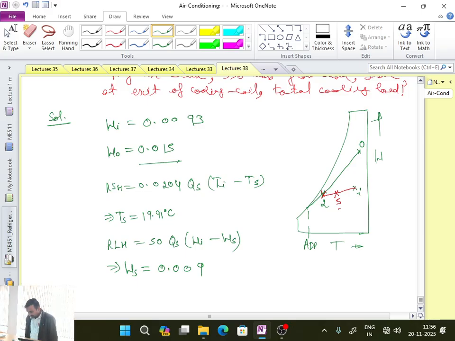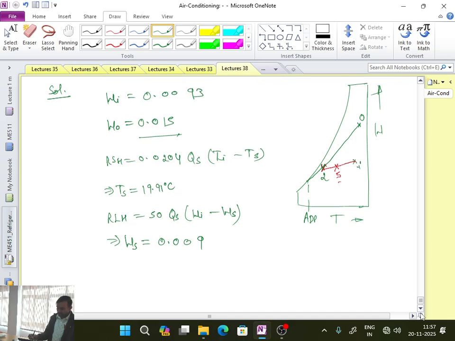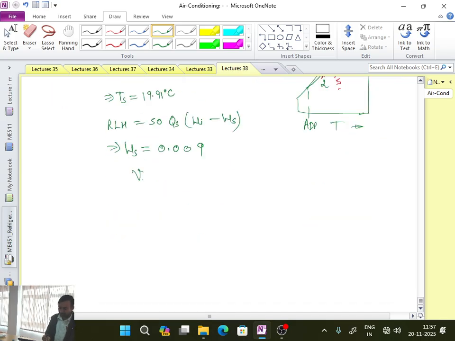Then, if I know TS and WS, can I calculate the mass flow rate of the supply air state? It is asked in the question, how much is the mass flow rate of the supply air state? Can I calculate? Volumetric flow rate of the supply air state is given. I need to calculate specific volume. How can I calculate the specific volume of the supply air state? I have already given you the equation of state.